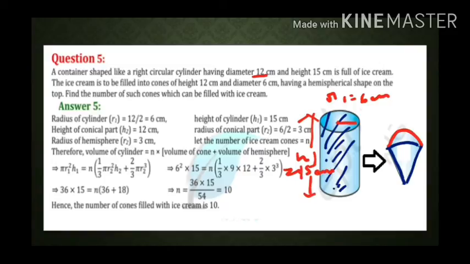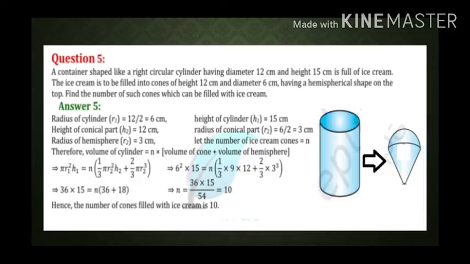Okay, so you can easily find the volume of ice cream inside this container by the formula pi r1 square h1. Right, you can find the volume of ice cream in the container. Now you will find the volume of ice cream in each cone.